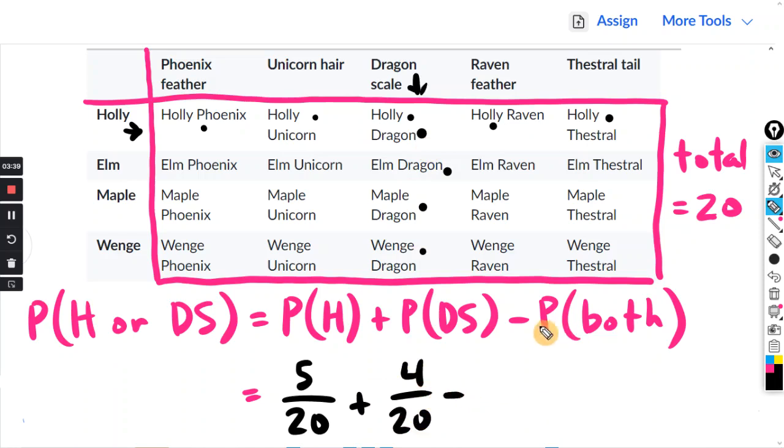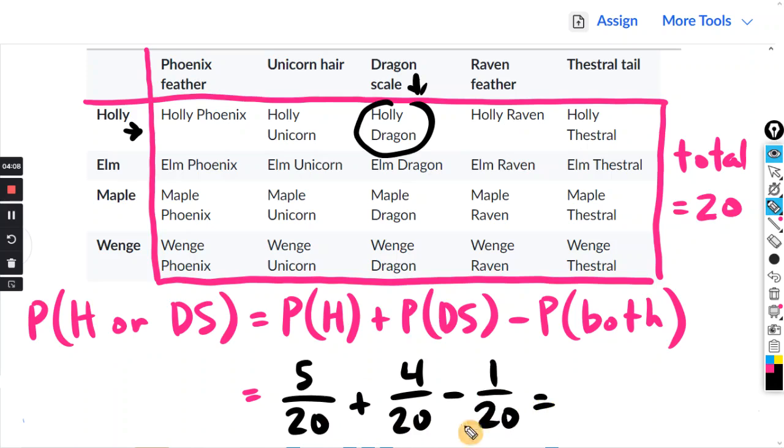And finally, the probability of both. Let's look for the one that has both. Probability of both, you're subtracting. We're looking for holly and dragon scale, both of them. This one right here is holly and dragon scale. That's the only one that has both, so only 1 out of 20 has both.